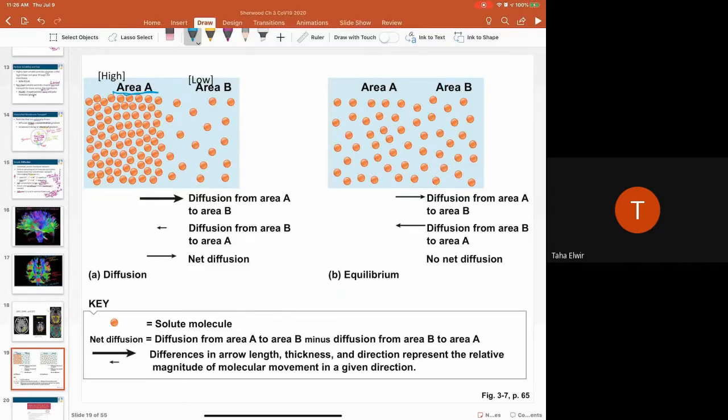What is wrong with the discussion down here says diffusion is happening from area A to area B. What is wrong with this picture is water. They didn't talk about water. They're talking about orange particles. Oops.